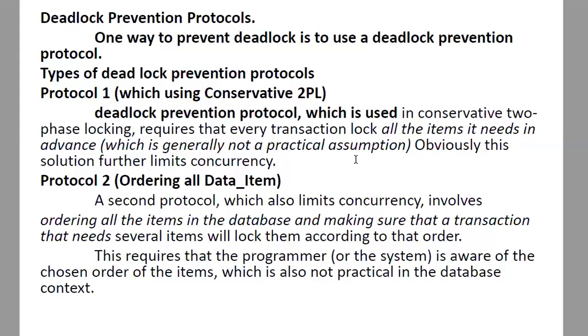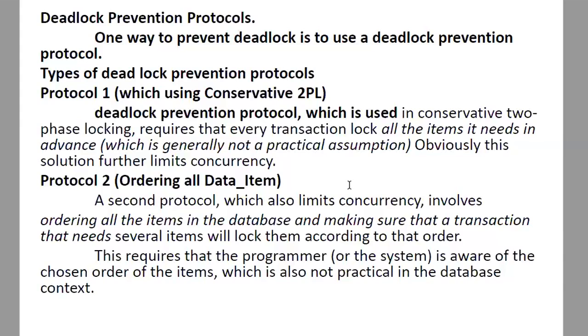The next protocol is ordering all data items. When a particular transaction is going to take place, the data items it is going to use should be in a proper order.